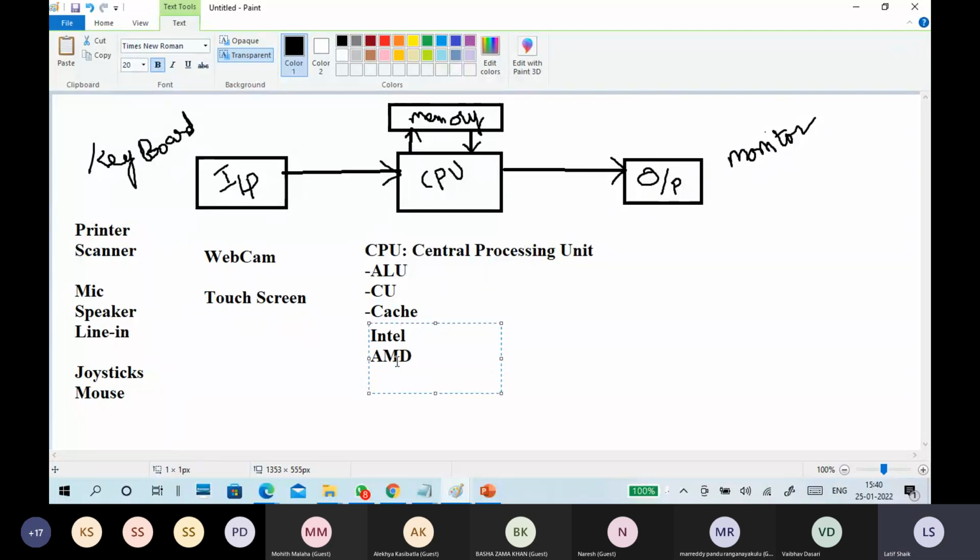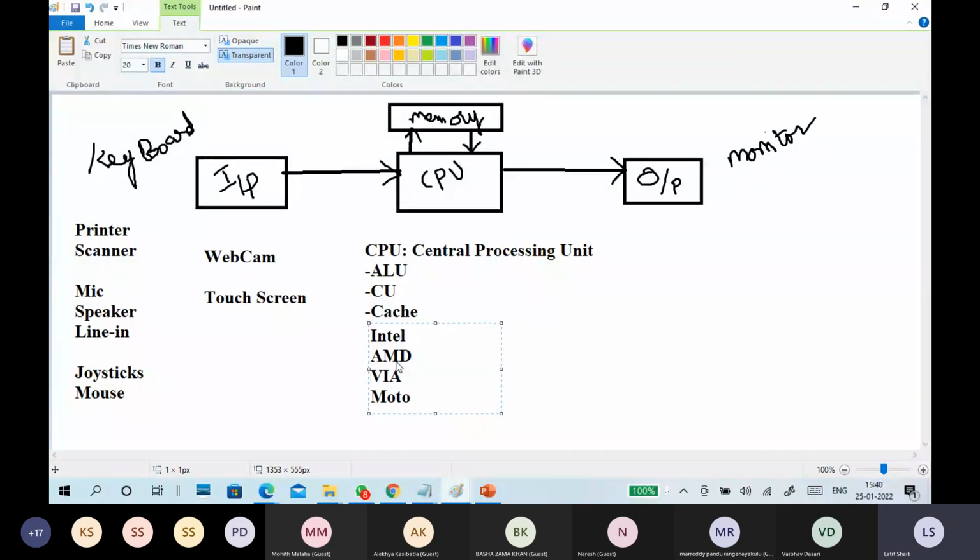If you want to buy a processor for your computer, first keep in mind that Intel is one of the major leaders in processor manufacturing. AMD is the second one. A lot of other companies also exist, like Via.